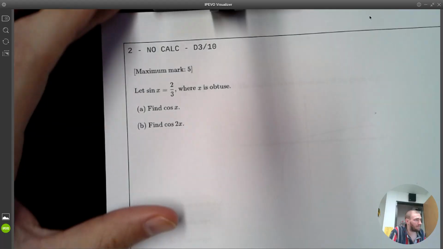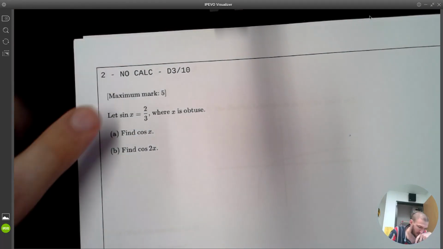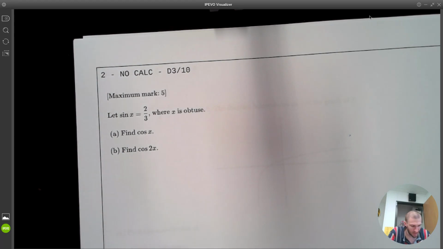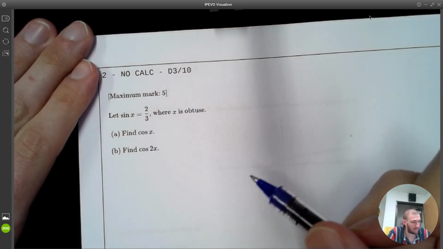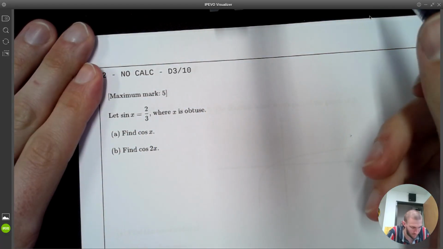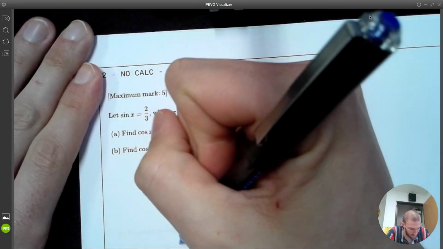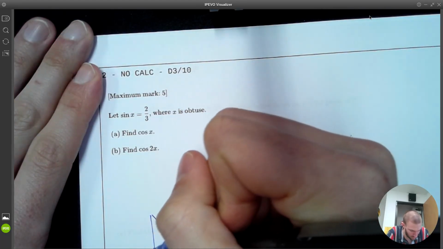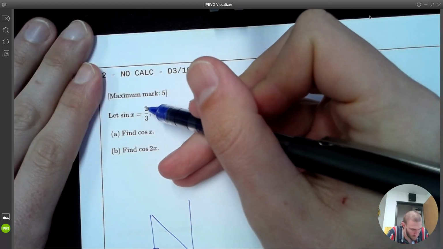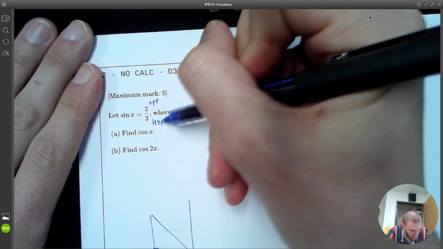No calculator, 5 marks here. Okay, we did one like this before, actually. We just need to use our law of sines, law of cosines, maybe some Pythagorean theorem type stuff. Let sine equal to 2 over 3. So remember, this is opposite and hypotenuse.